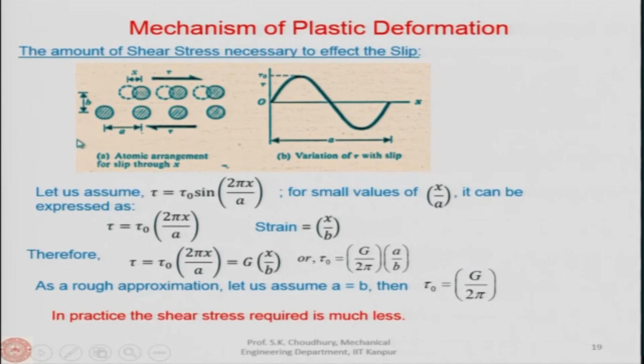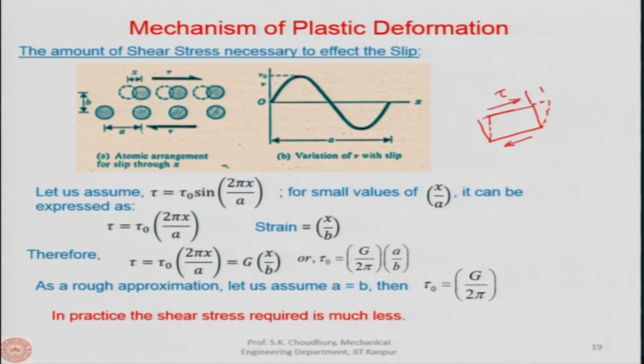I explained sometimes that if you have a block here, and if you apply the shear stress, the block will be deformed in this way. Let us assume that it will be deformed like this.